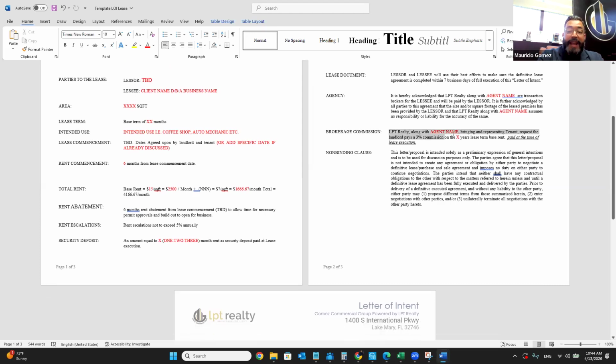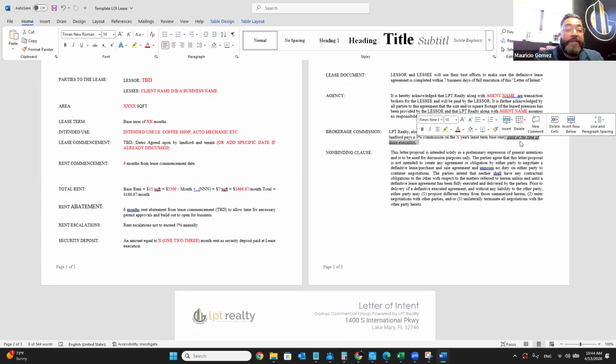And this is something that I do that not everyone does, but I always put paid at the time of lease execution. The reason I do this is because commercial leases sometimes will pay 50% when you sign the lease and 50% when your tenant starts to pay rent. And if you got them 6 months of free rent, guess what?